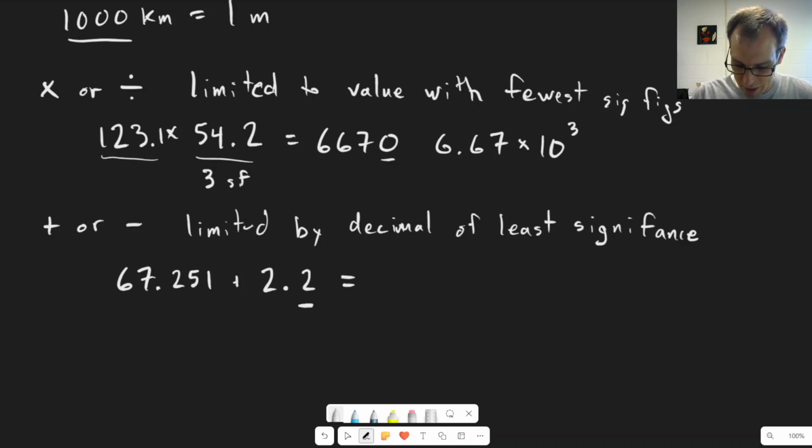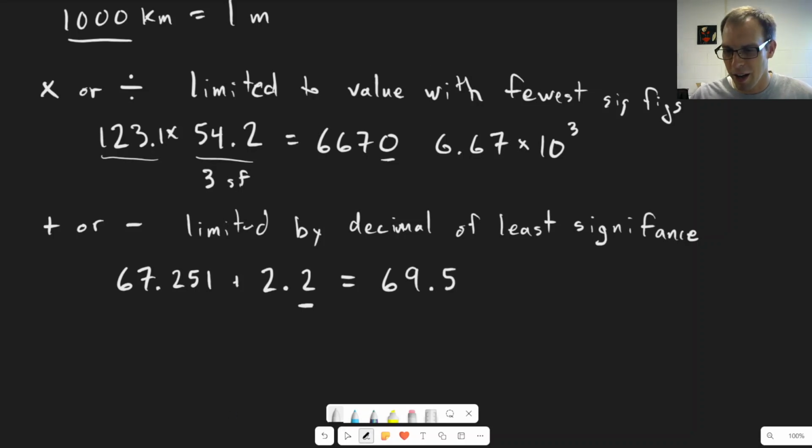So when we add these together, we will get 69 point, and now we're going to add 0.2 to 0.25, so we're going to 0.45, so actually round up to 0.5.